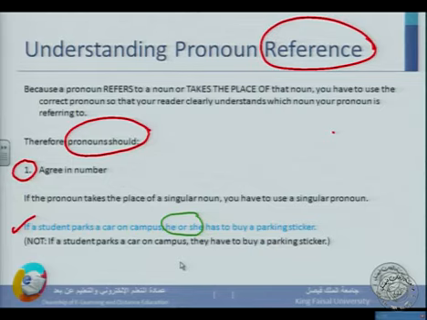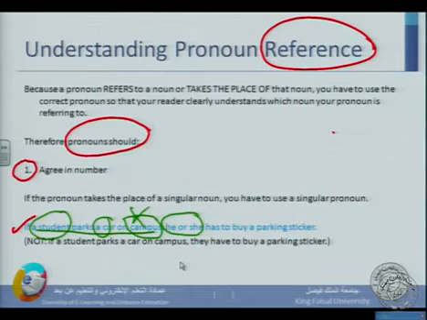طيب الآن what shall we do? We look at this sentence and we look for singular nouns. A singular noun في هذه الجملة كانت student, a car, و campus. He or she بترجع للعاقل, البشر, human beings. Campus حرم جامعي, it's not a human being, so it is incorrect.